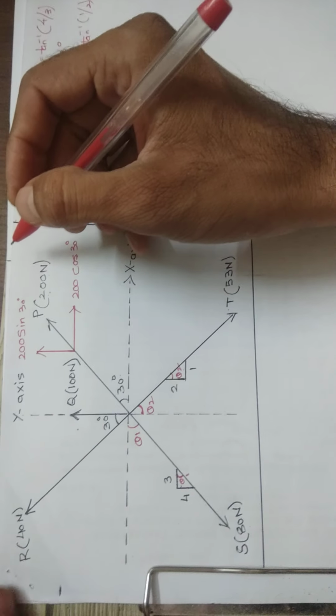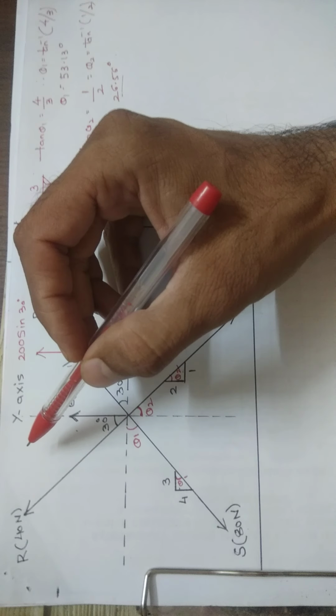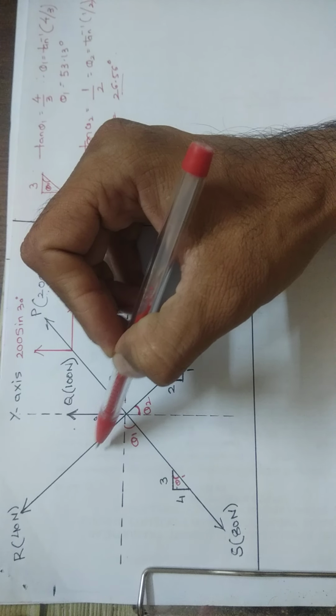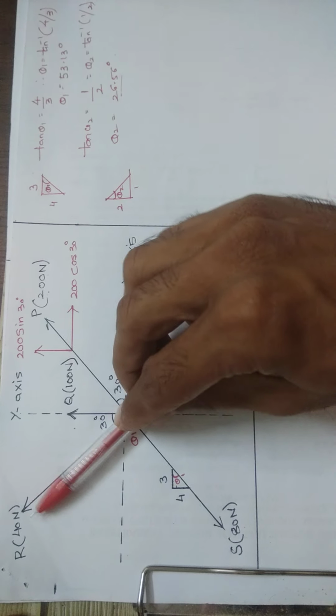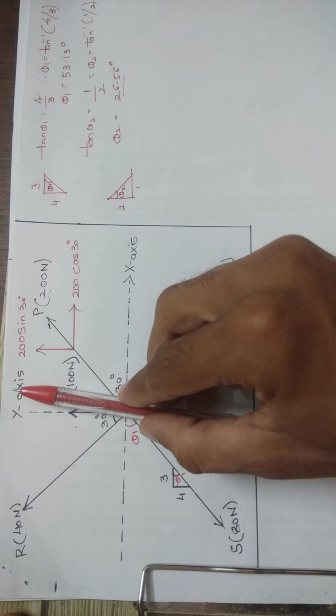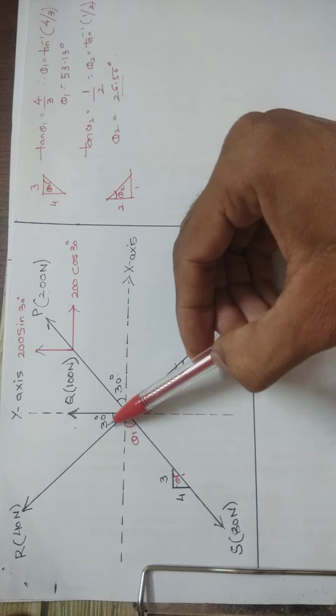For the R force, which has an intensity of 40 Newtons, it is acting along the second quadrant. That means if we divide it into two components, for this force this will be its x component and this will be its y component. But this 40 Newton force makes an angle of 30 degrees with the y axis.